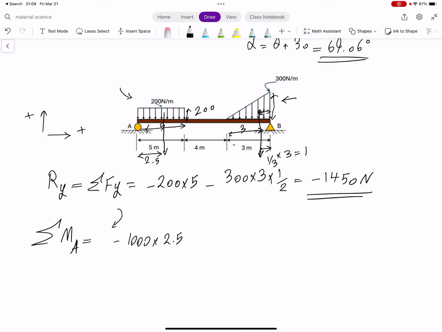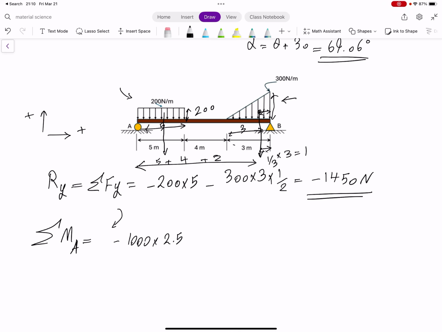The second force is from the triangle, that is 1 meter away from point B. That means if you want to calculate the total distance, let me erase this area so you have a better idea. This is going to be the total distance. 5 plus 4 plus, so we have to deduct 1 from 3, so this is going to be 2.